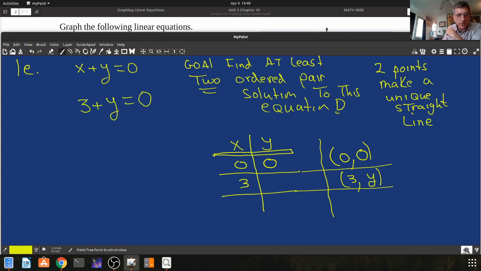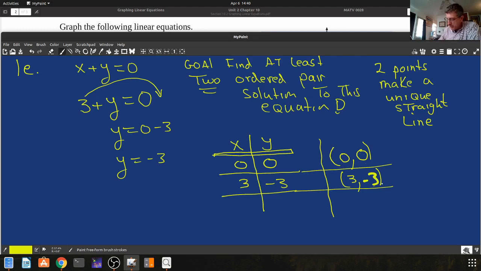So I'm solving for y, so I'm going to take my 3 and move it to the other side. So that gives me y is equal to 0 minus 3, which is y is equal to minus 3. So my corresponding value of y over here turns out to be minus 3.